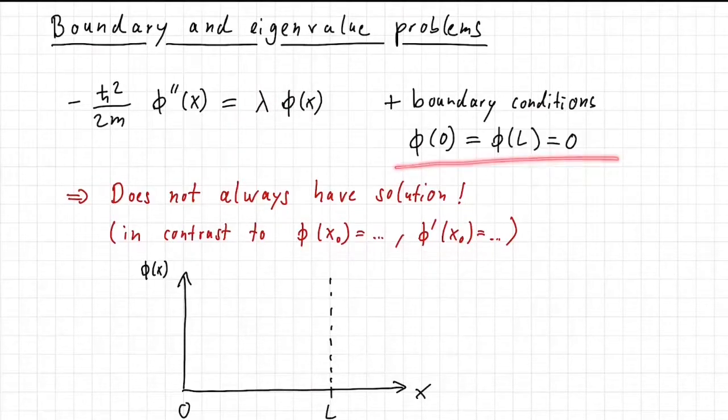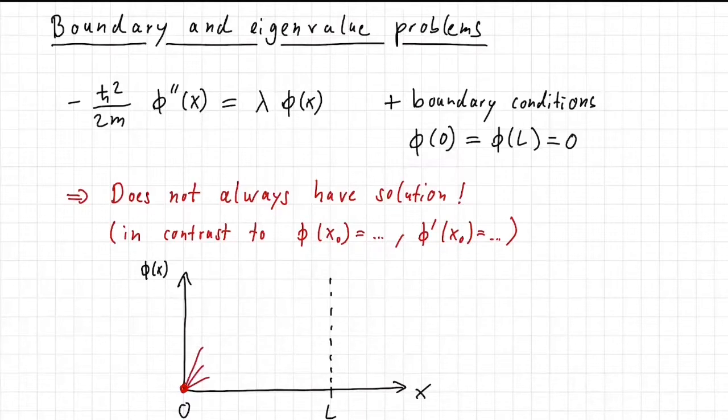Here we have boundary conditions at different points in space. There's an intuitive way to understand why there is not a solution for any arbitrary value of lambda. Let's look at solutions that only fulfill the first boundary condition, so that the value of phi is 0 at 0. That leaves me to choose different derivatives of phi. So I can start here with different slopes.